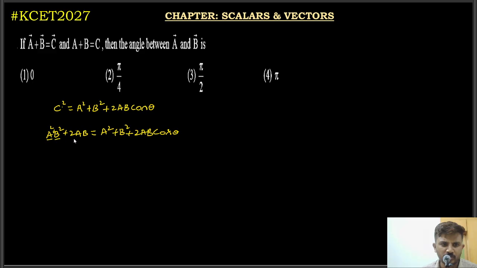A square plus B square plus 2AB get cancelled. You will have 1 is equal to cos theta. So theta is equal to cos inverse 1. Cos 0 is 1. That's why we have angle 0.